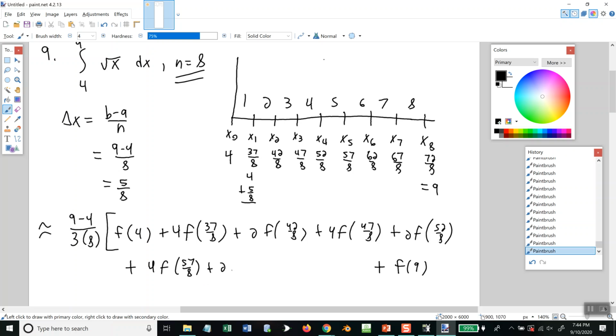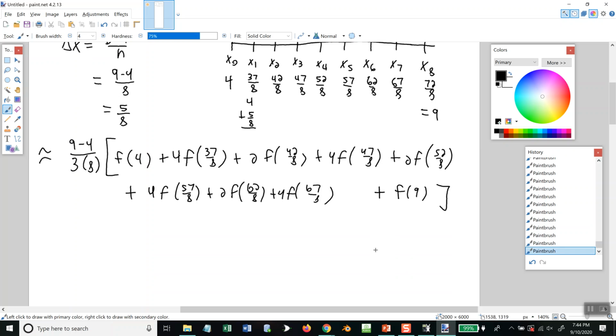Plus 2 f of 62/8 plus 4 f of 67/8, and then plus f of 9 at the end. 37, 42, 47, 52, 57, 62, 67, and then our last one. Keeping in mind that for this particular problem, our f of x was square root of x, I think.